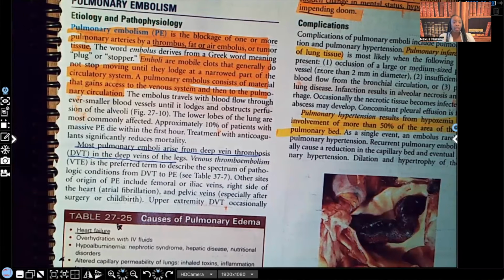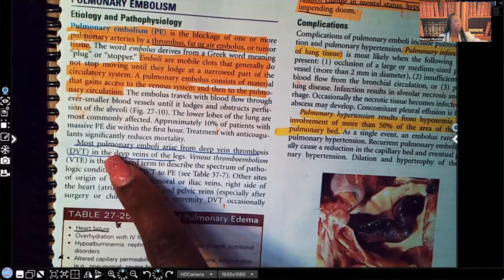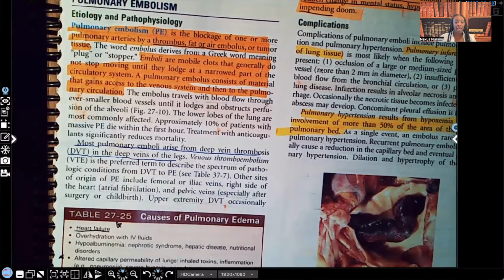Now, let's keep going. Second paragraph, I'm down here. See what it says? It says most pulmonary emboli arise from DVT, deep vein thrombosis in the deep veins of the legs. What happens to blood when it's not moving, when it pools? Guess what? It clots. That's why it's so important to get patients to move around, especially those patients who just had surgery.